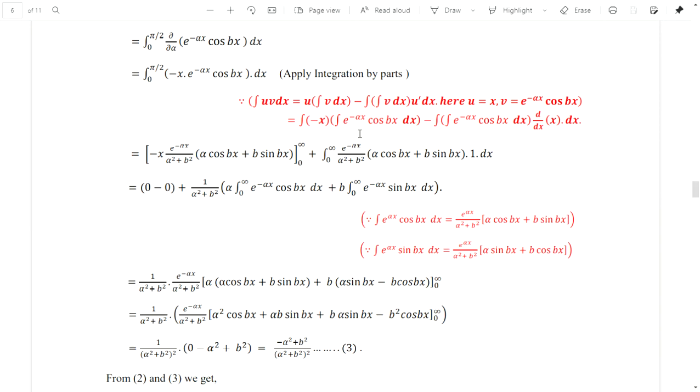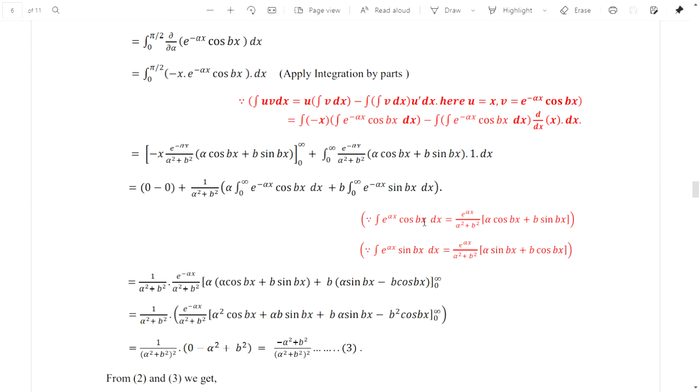The integral of e to the power minus alpha x into cos bx into dx is e to the power minus alpha x by alpha square plus b square into, this is the formula which we already discussed. The integral of e to the power alpha x into cos bx dx is equal to e to the power alpha x by alpha square plus b square into alpha cos bx plus b sin bx.